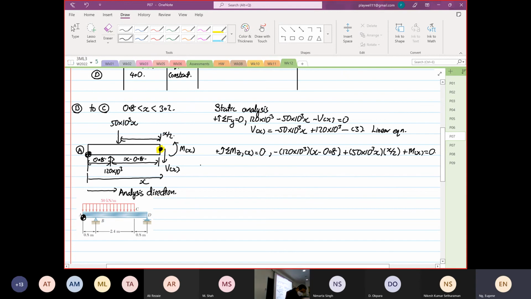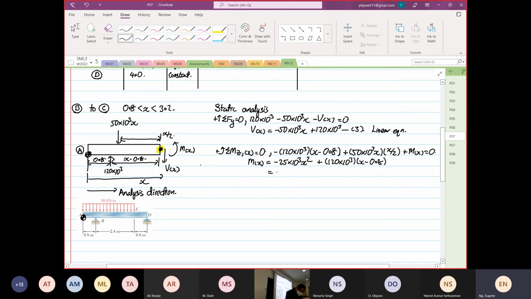So M as a function of x now becomes positive minus 25 times 10 to the power 3 x squared, and then plus 120 times 10 to the power 3 times x minus 0.8.